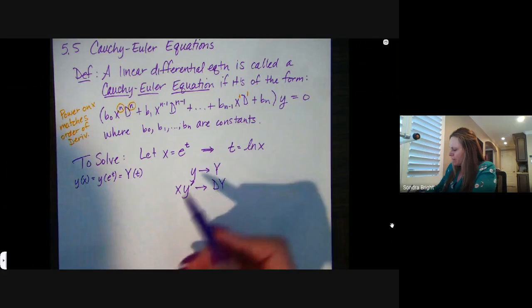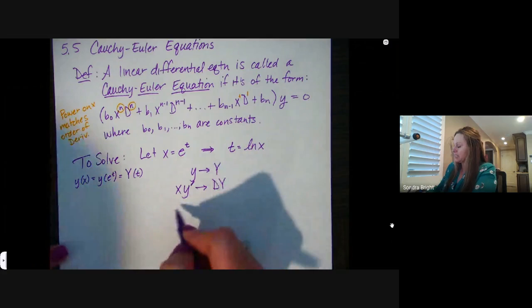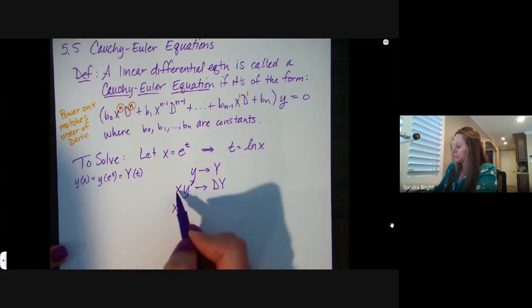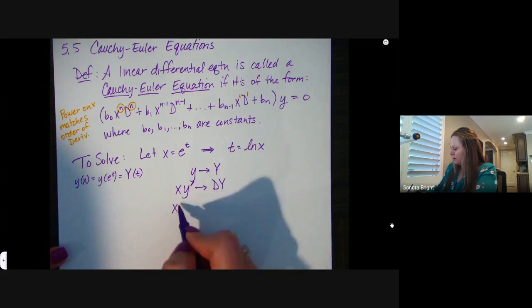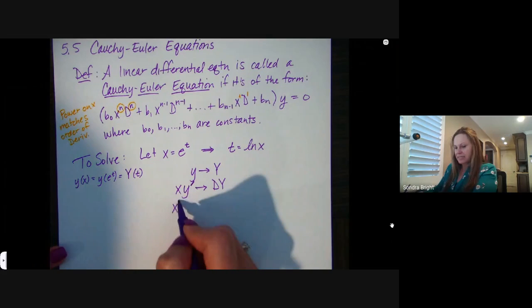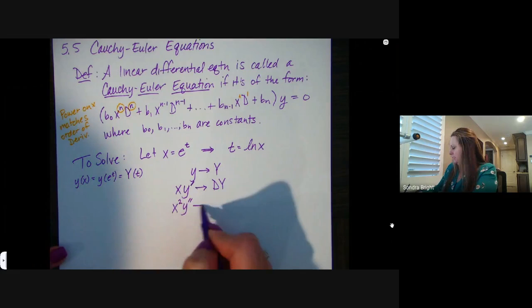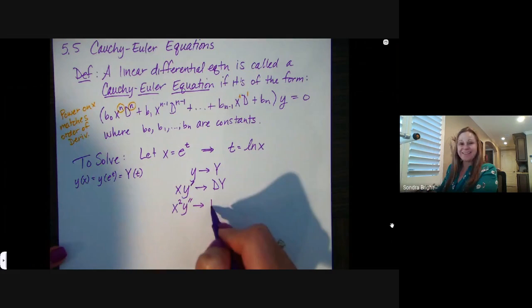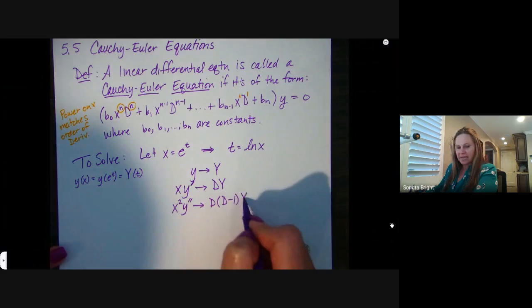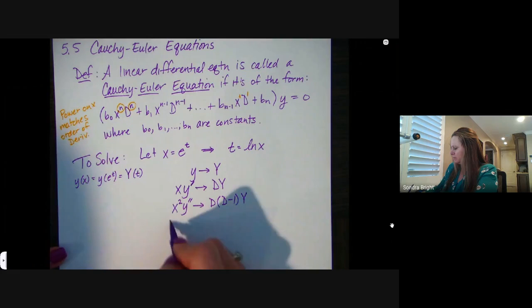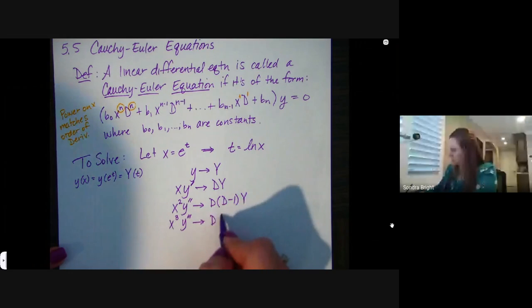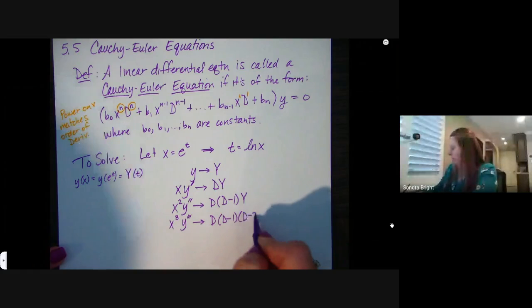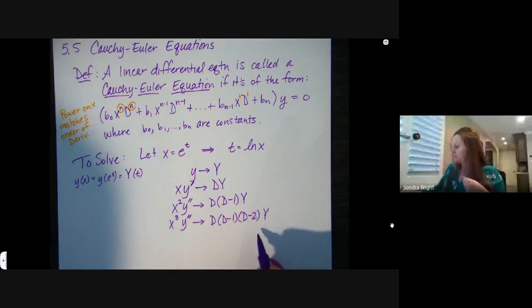These are each of our substitutions. When I see x y prime, I'm going to substitute it with capital D, capital Y. I'm going to substitute x squared y double prime as D times D minus 1 operating on capital Y, and I'm going to replace x cubed y triple prime, or the third derivative on little y, as D times D minus 1 times D minus 2 operating on capital Y. Again, the proof of why these happen is in your book.